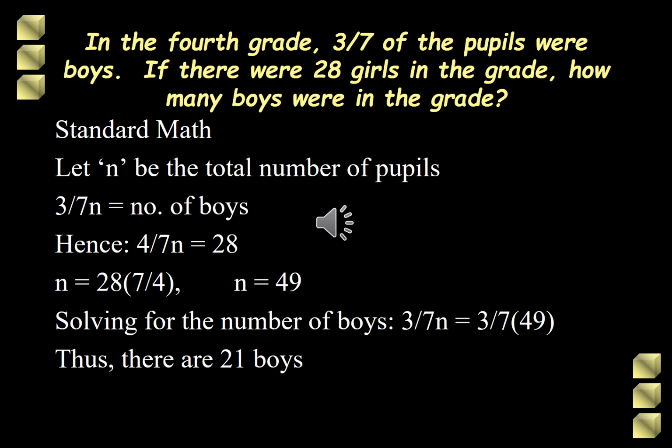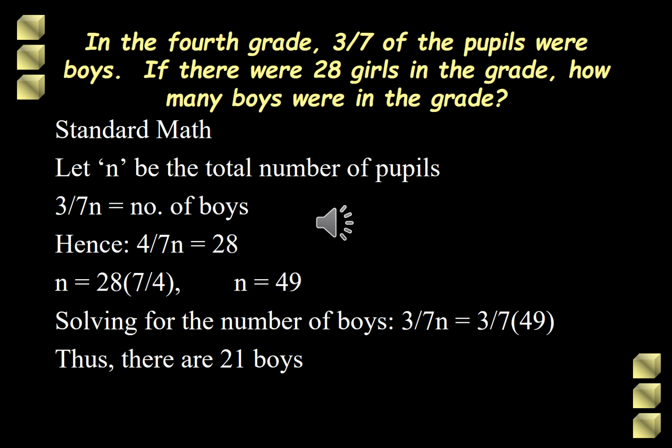And since we are asked for the number of boys, we can simply use the given, which is 3/7 n. So we just multiply 3/7 with the value of n, which is 49. So take note, n here is the total number of pupils in that grade level or in grade 4.